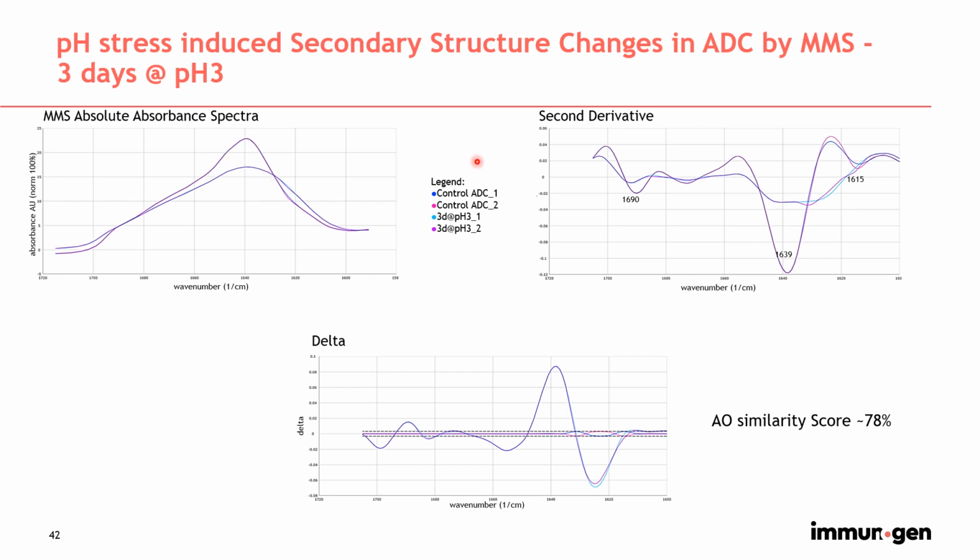This can also be observed from the second derivative, wherein the characteristic bands associated with the parallel beta sheets are decreasing in intensity with an increasing signal for the antiparallel beta sheets. Also, the delta analysis tells us that the area of overlap similarity score between the control and the pH stressed sample is only 78%.